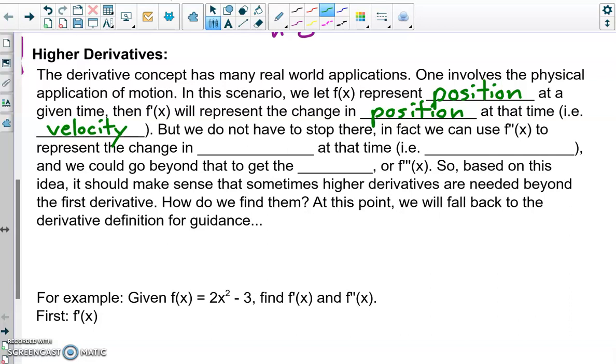But we don't have to stop there. You don't just, in modeling motion in the real world, have position and time and have those go together to become your velocity. When you look at the change in position over time, you can actually have change in velocity over time, or an instantaneous rate of change of velocity being measured by f double prime. So you have the f double prime representing the change in velocity, and that's going to be your acceleration.